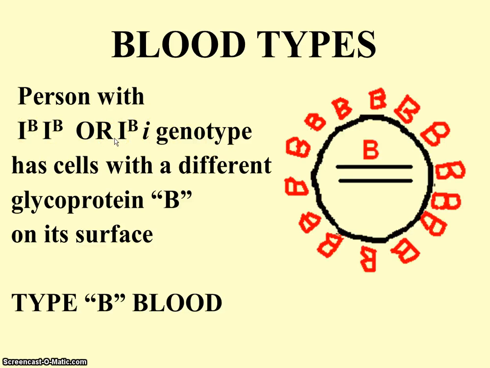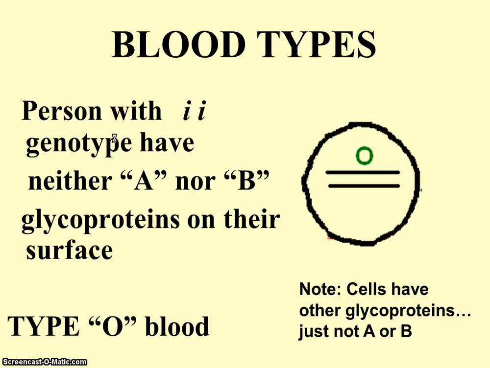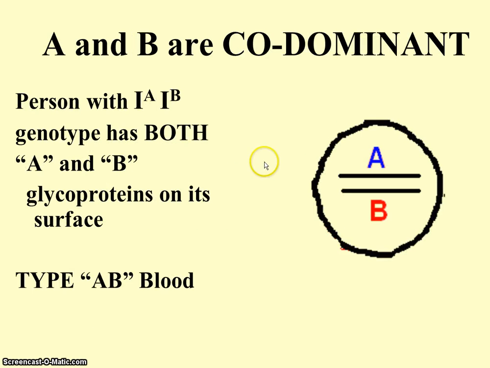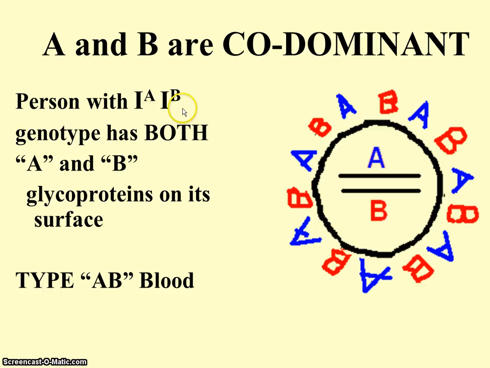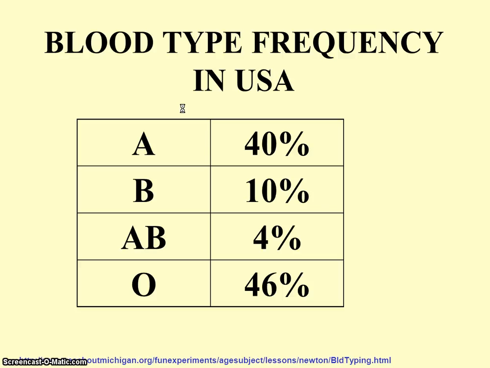You have a whole bunch of little B's. The O, they're recessive, so they have two little i's. And there's nothing, there's no glycoproteins. The big A, big B, you have both of them, and that's the only way it can be written. So here's the different blood types.